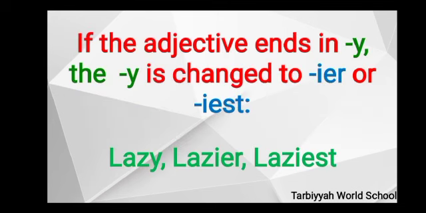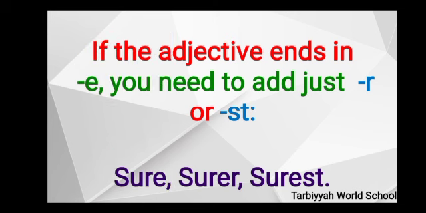If the adjective ends in y, the y is changed to ier or iest. For example, lazy, lazier, and laziest. Now see the second form. If the adjective ends in e, then we just add r or st. Sure, surer, and surest.